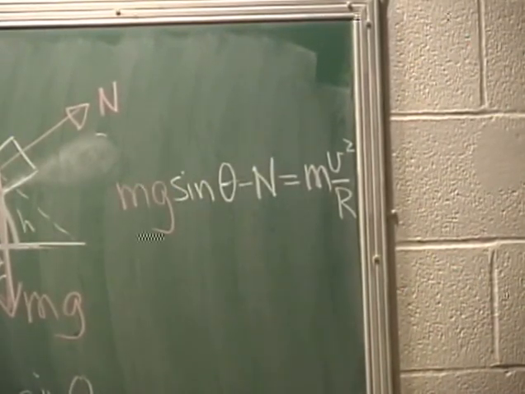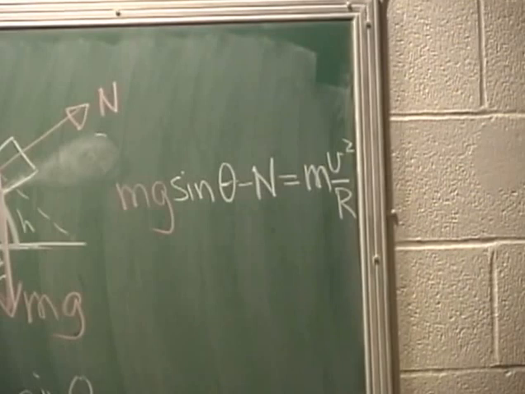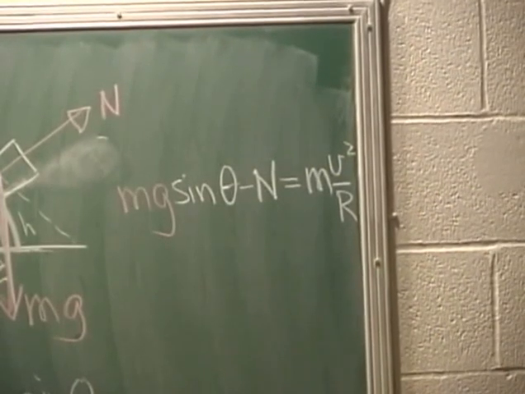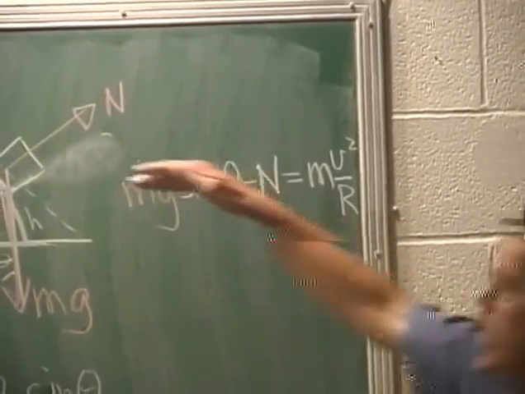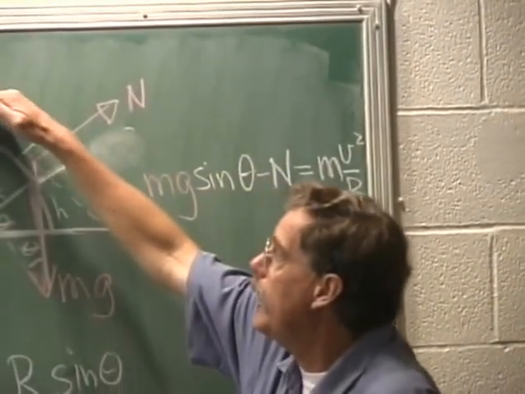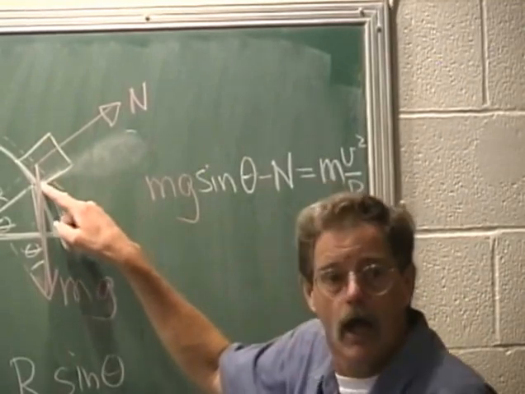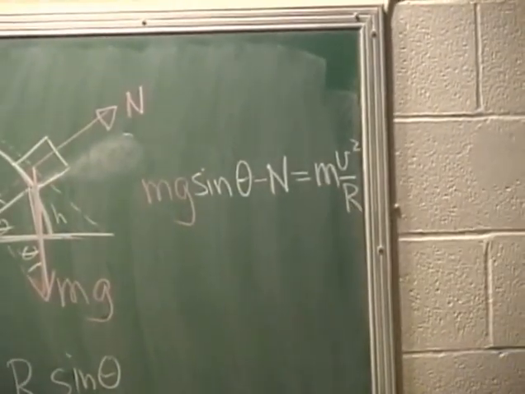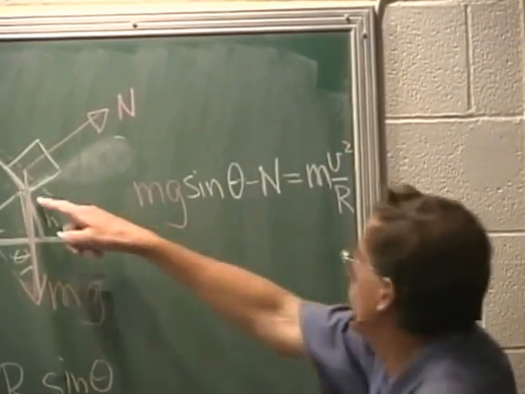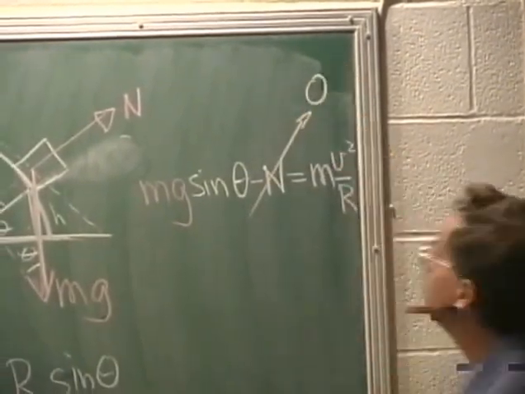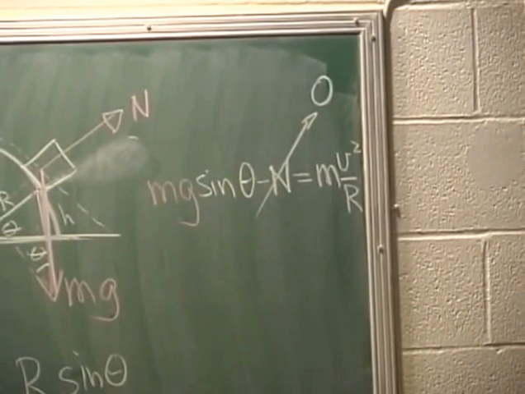Now you tell me, what is the moment he leaves the surface? When he leaves the surface is the moment when n hits 0.